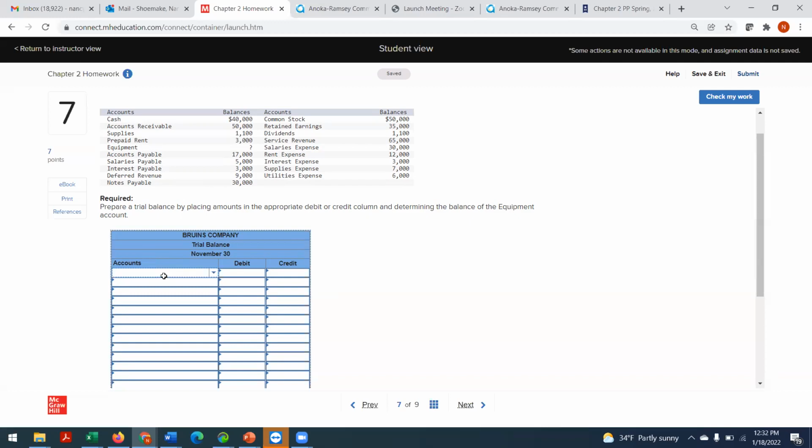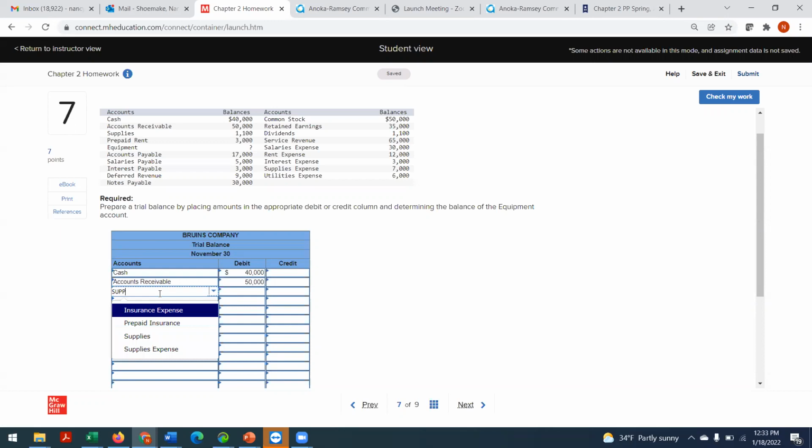Does that make sense? So for example, cash, accounts receivable. Okay, they want me to do a numeric right now. So our cash is sitting here at 40,000. Our accounts receivable is at 50.